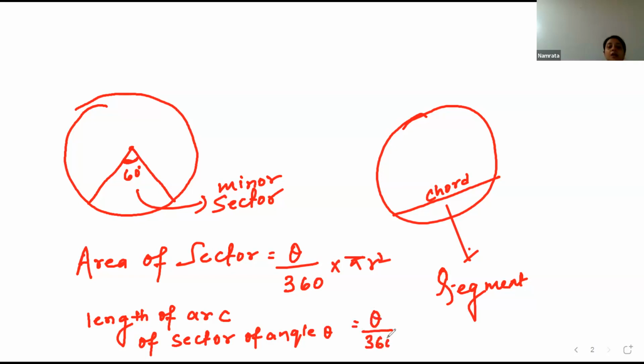Again the same thing, but we are trying to find the length of arc. Arc means the total curve path. Curve path is the circumference of the circle. So when we are trying to find the length of arc of a sector, it will be theta by 360 into 2 pi r. 2 pi r is the formula for finding the circumference. Here we want to find the circumference of a specific region. That's why we are taking theta over 360.